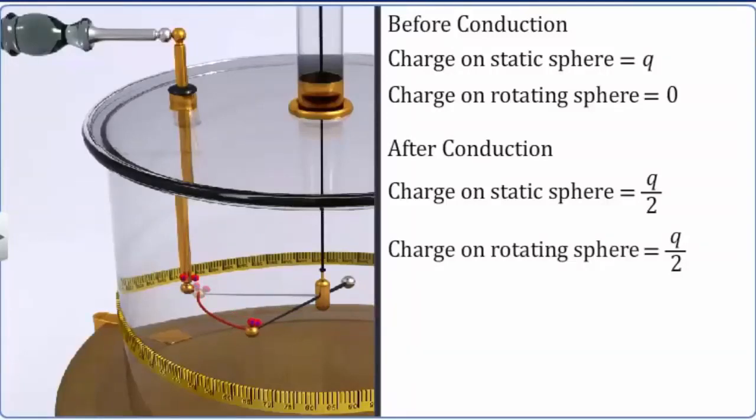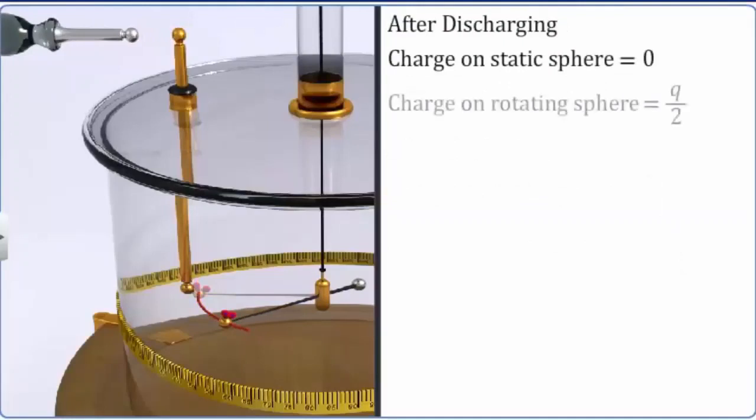The measure of repulsion is the amount of deflection or the angle through which the sphere attached to the rod is displaced. The static sphere is now discharged by grounding. To recharge the static sphere, the rotating sphere is brought in contact with the static sphere using the micrometer screw.